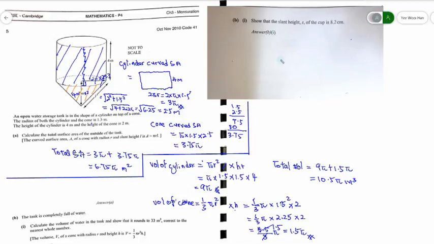Slant height of the cone. Or is it referring to this?